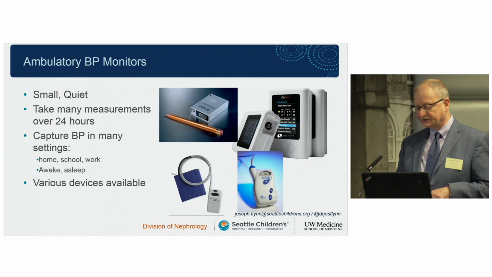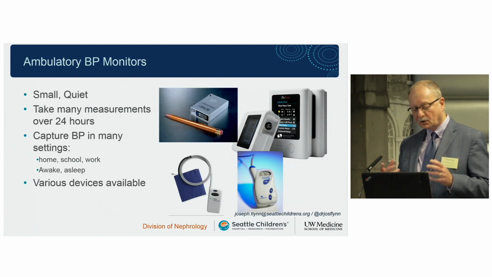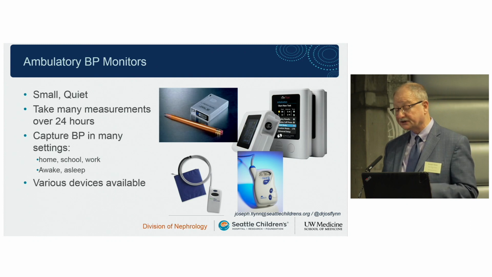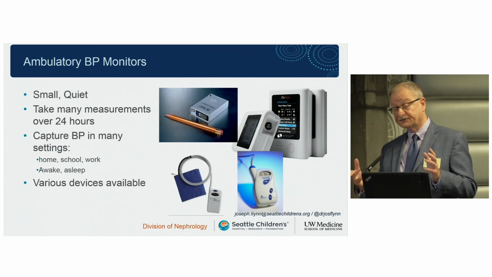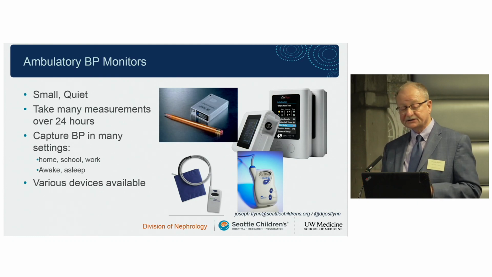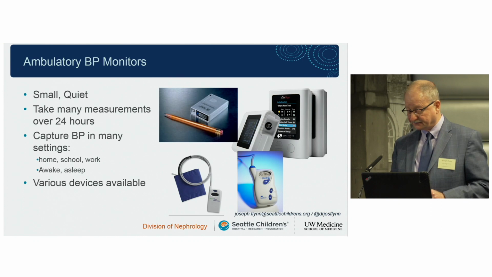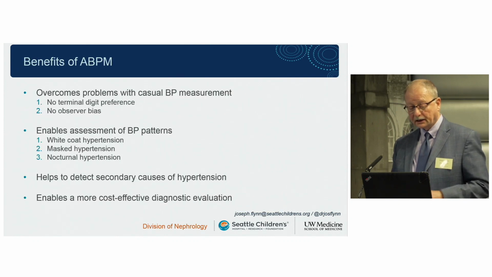These are just some different devices that are out there on the market. They're small, they're relatively quiet. They take many measurements over 24 hours. Usually for us, if the patient is really good, we'll get 60 or more readings in 24 hours. And there's lots of different devices out there.